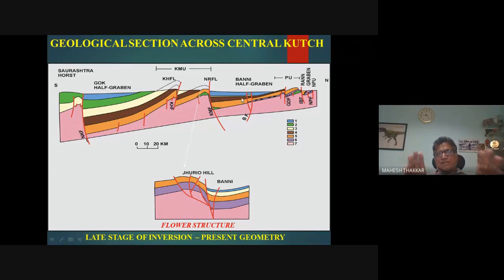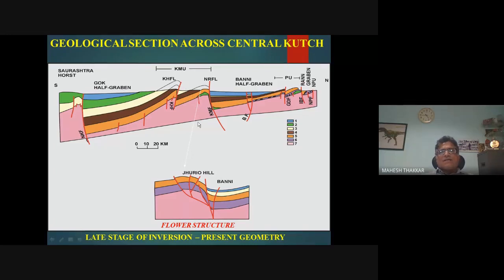Okay, so this is present day tectonics as well as the sectional picture wherein you can see the nature of the Kutch Mainland Fault, and the nature of the Island Belt Fault, kind of normal this way, and the newly generated fault, that means during the rift inversion, this fault is newly generated, which is called KHF, the Katrol Hill Fault, where you can see very clearly that this block, which is called the Gulf of Kutch half graben block, is thrusting over this block.